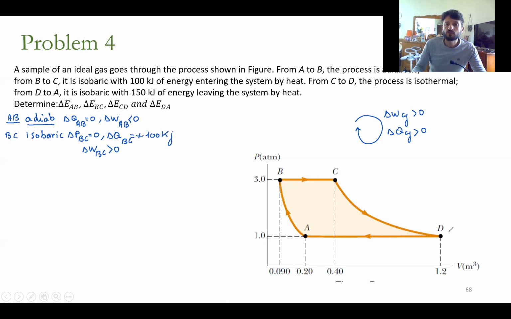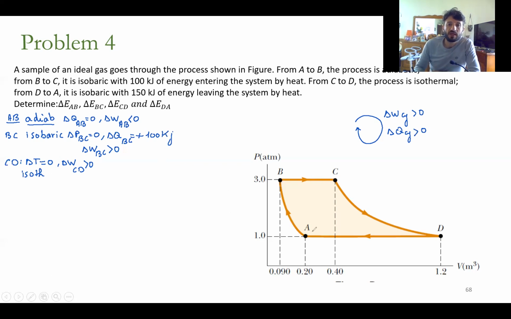From C to D, we have an isothermal process. T is constant. So for CD, we have delta T equals 0. We increase the volume, so the work CD must be positive.